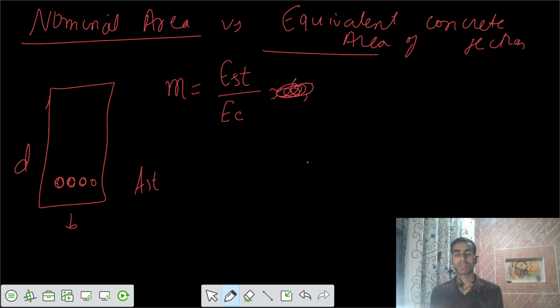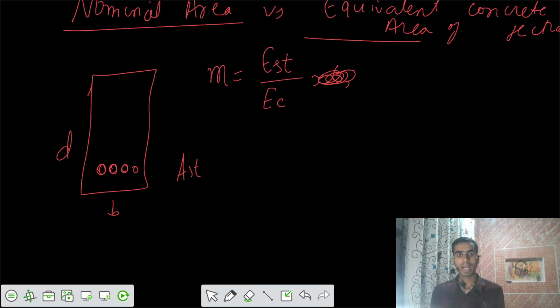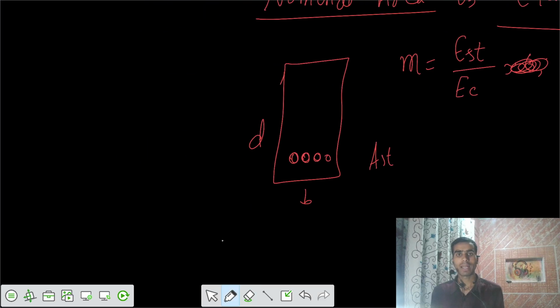There is some value of modular ratio, and we can have some equivalent area also.